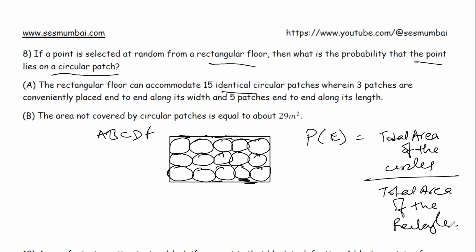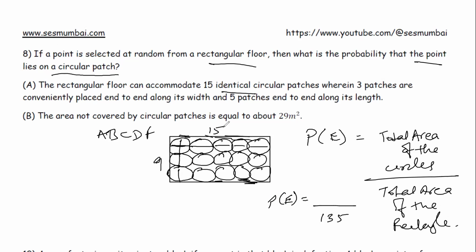Suppose we take diameter as 3, then 3, 3, 3, 3, 3 gives us 15, correct? And 3, 3, 3 gives us 9. So the rectangular area is 135.